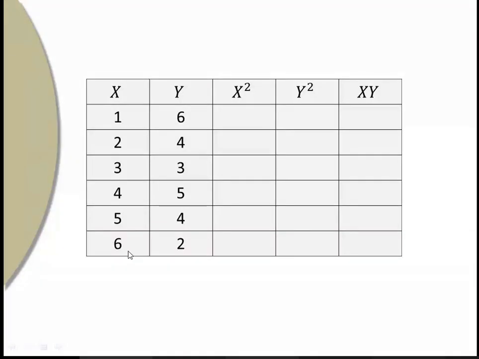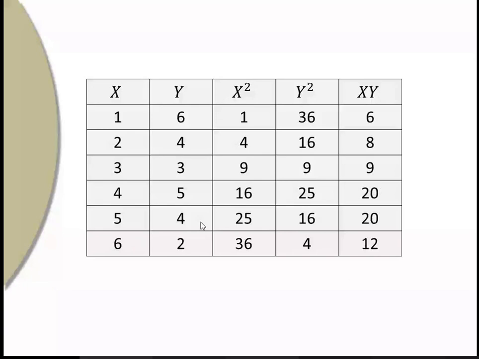Now take the sum of these columns. Summation x square: it is 1 square, 2 square, 3 square, 4 square, like that. Take the square of each x, take the square of each y, and take the product of corresponding x and y. 1 into 6, 2 into 4, 3 into 3, like that. Take each product. Okay, so like that, complete this table.